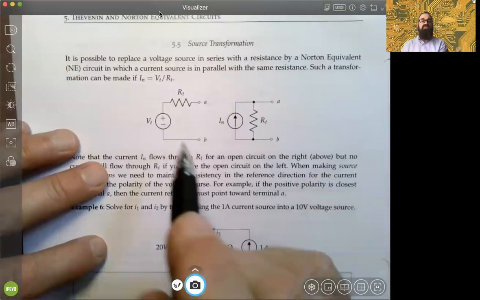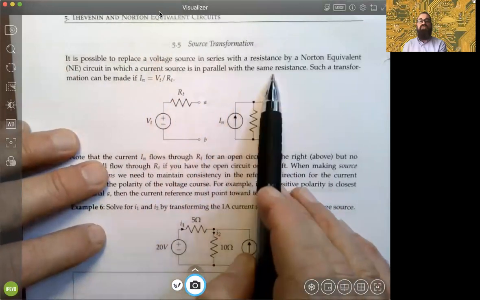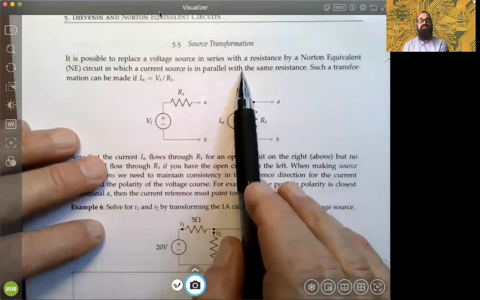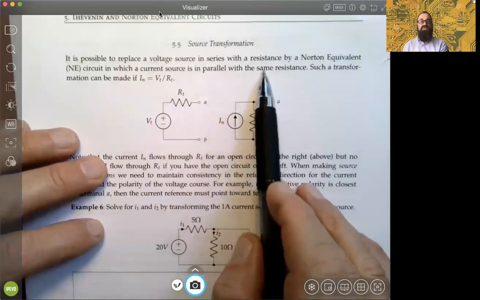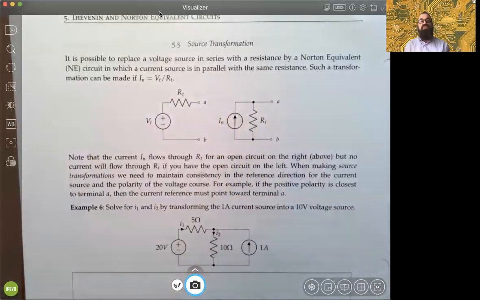It's very possible to replace a voltage source in series with a resistance by a Norton equivalent in which the current source is in parallel with the same resistance. So this is the idea that maybe it would be very useful sometimes in being able to analyze a circuit, getting desirable voltages and currents, if you could flip a source into the other form. In other words, flip the Thevenin equivalent into the Norton equivalent, or vice versa.